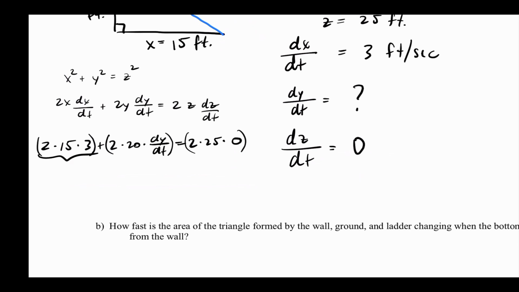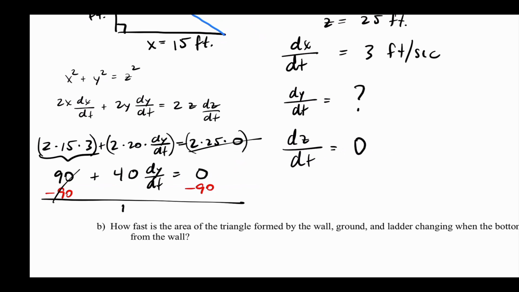Now let's do some mental math here. 2 times 15 is 30, times 3 is 120? No, 90. This is going to be 40 dy dt. And this guy over here is just going to cancel and make 0 because it's 50 times 0. Subtract 90 from both sides.